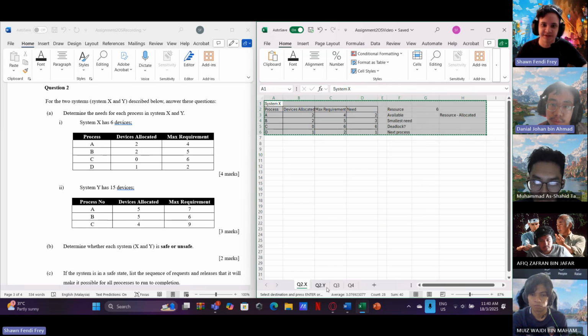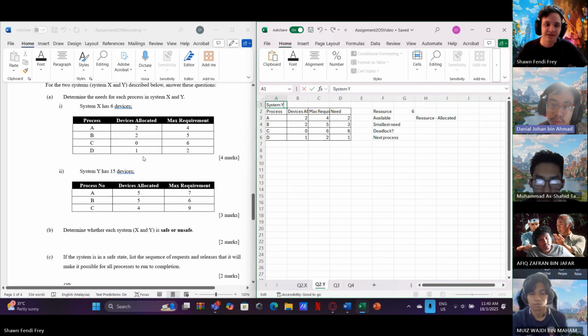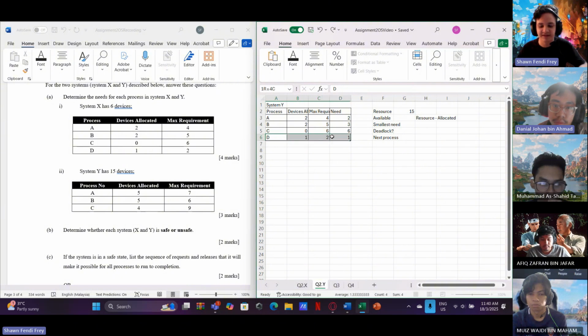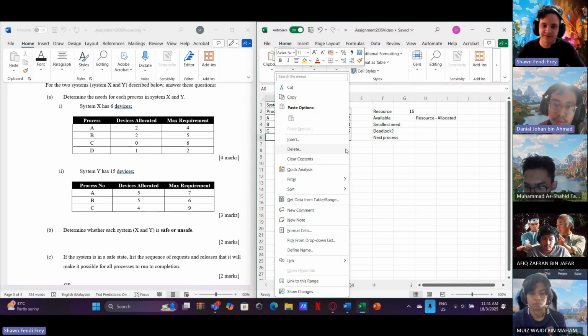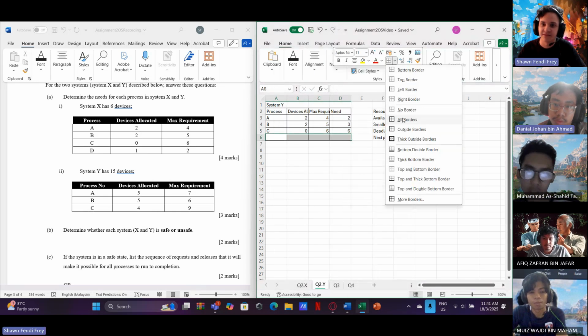So copy paste. So this one's gonna be system Y. System Y has 15 devices, so we're gonna have to get rid of this. So 15 resources. This whole thing I'm gonna have to get rid of. No border.